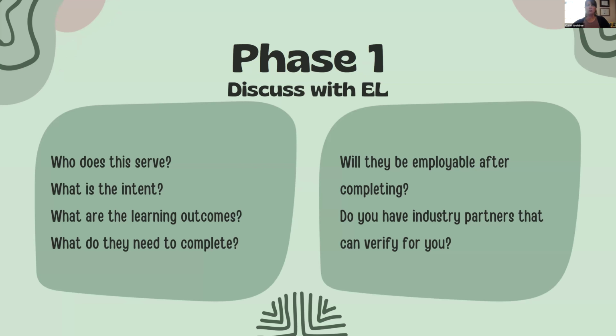What are you wanting to help solve of the problem out there? What are your goals? So the learning outcomes is another big piece. What do we want to make sure our students are learning through the completion of a microcredential, and how will they prove that? So part of the application process is listing out what they'll need to do in order to showcase that they have reached these goals. Will they do projects?